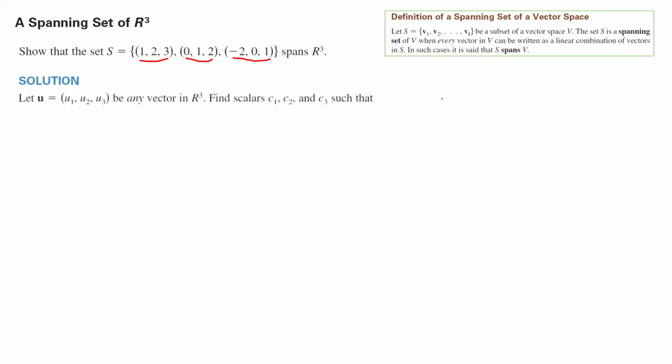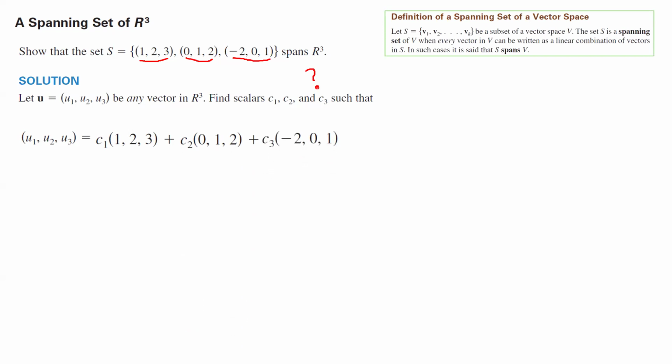Let the fun begin. Suppose I take a random vector in the space, (u1, u2, u3). Our goal is to find scalars c1, c2, and c3 such that this vector u can be written as the linear combination of these: c1 times (1, 2, 3) plus c2 times (0, 1, 2) plus c3 times (-2, 0, 1).